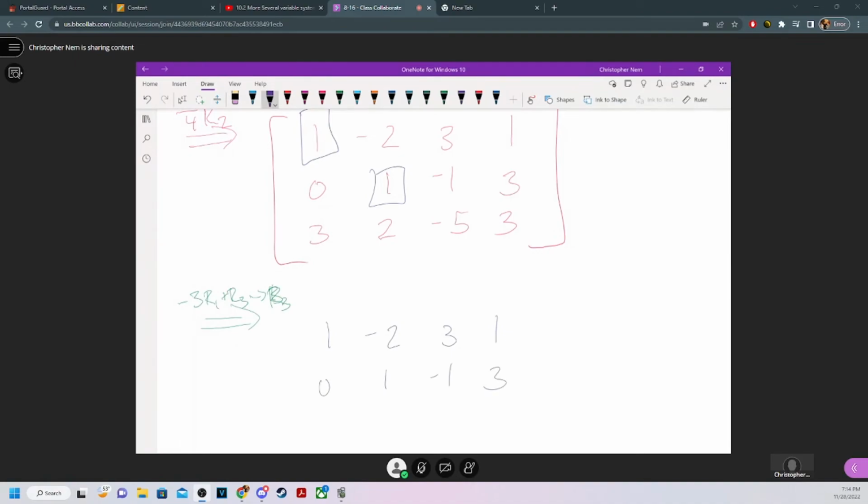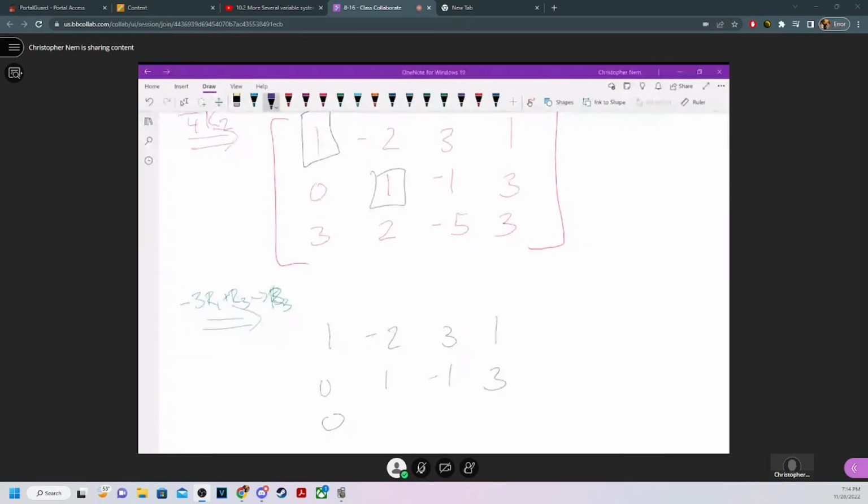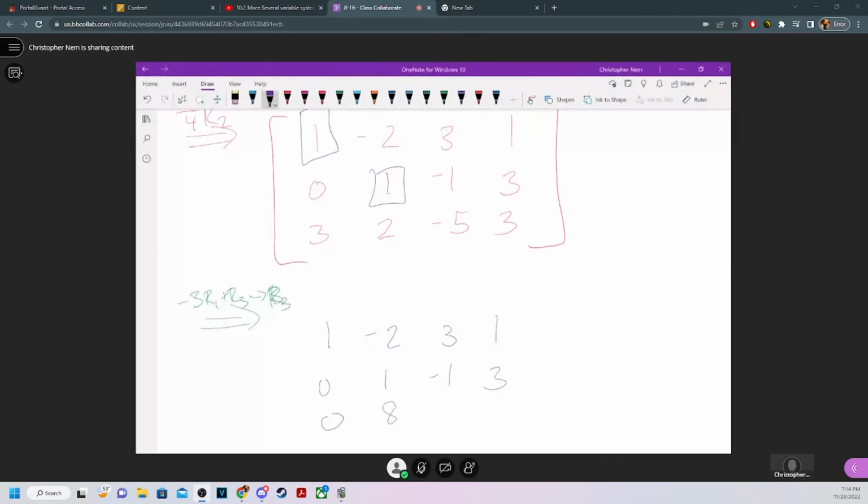And now this gets changed to a 0. If I multiply negative 2 times 3, that's negative 6 plus 2. Oops. So this negative 3 times negative 2, that's positive 6 plus 2. That's 8.